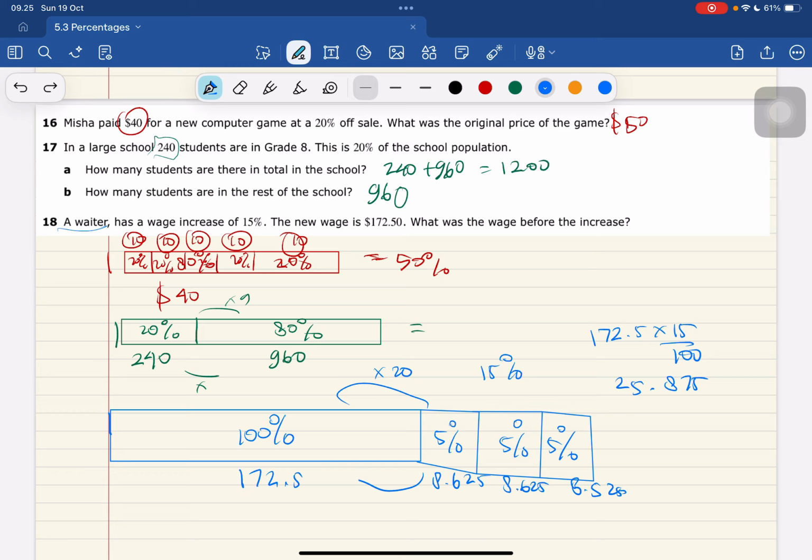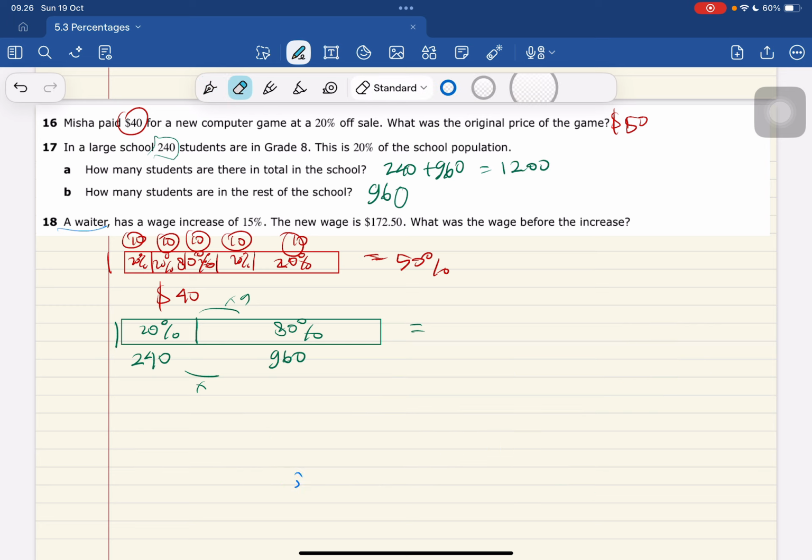Okay, so 15% is 25.875. So this is the total increase. Okay, let's rewrite again. So 115% is going to be 172.50 after the increase.